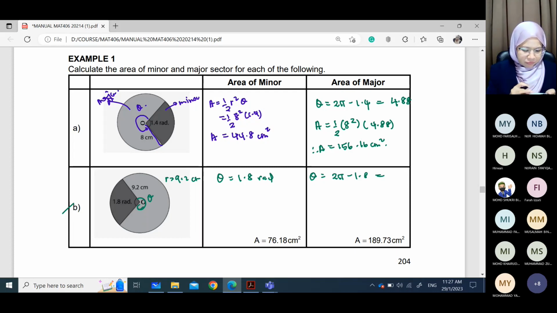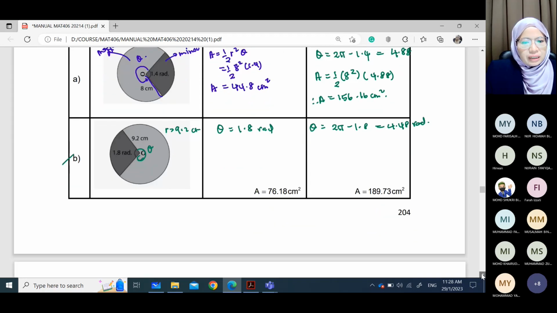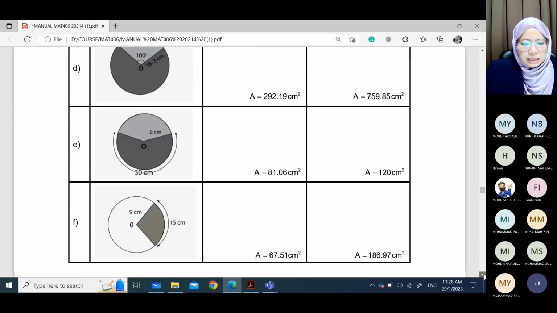So nanti masukkan dalam formula. Tolak 1.8. So yang ni untuk angle for major sector is 4.48 radian. Okay, boleh ya? Right. So radius sama, radius tak berubah. Okay. Alright, so ini adalah area. So ada banyak latihan kat sini, boleh buatlah. Ada jawapan dia sekali.